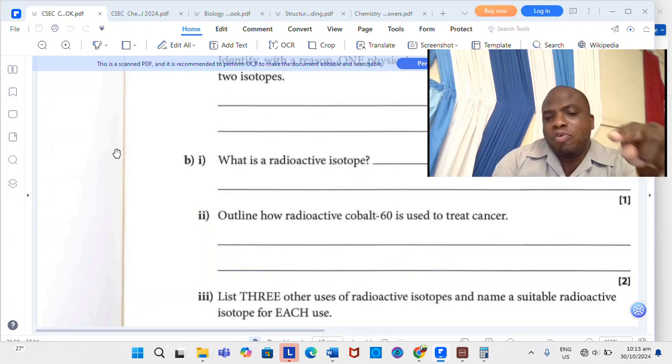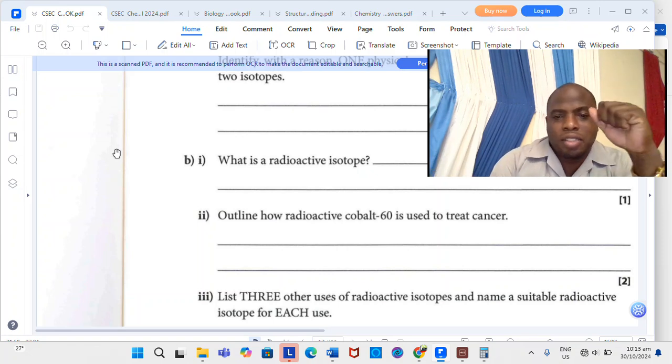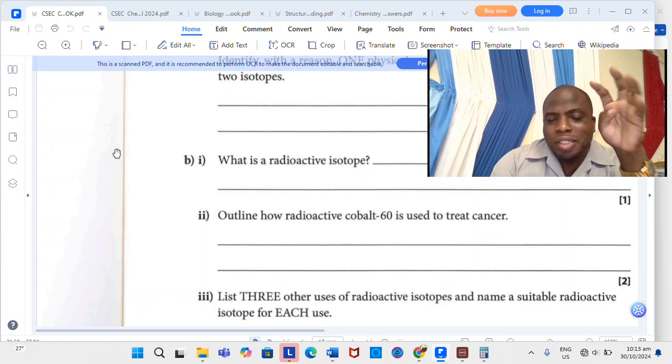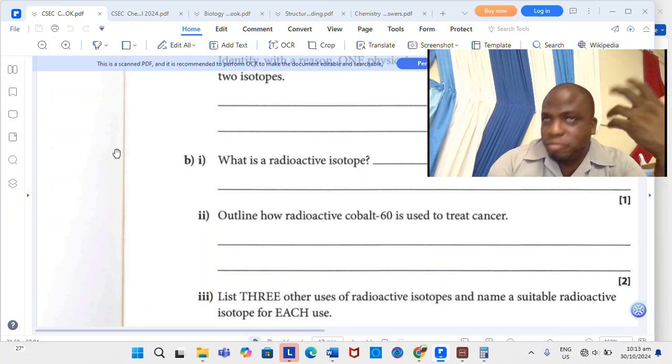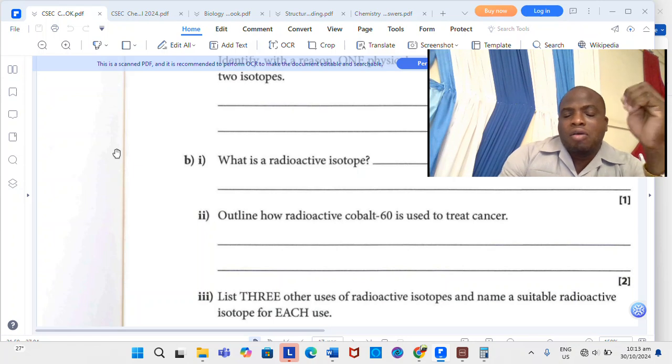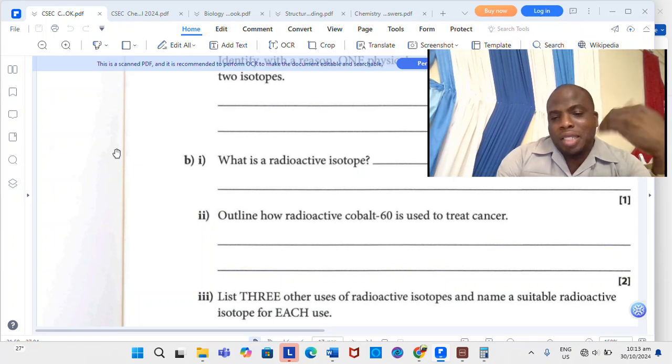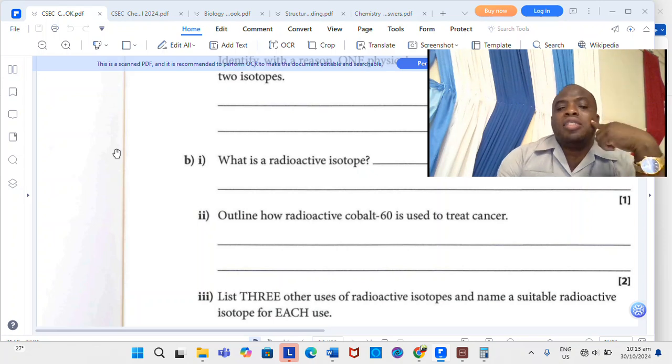Now, radioactive cobalt gives off gamma radiation, which they will direct onto these cancer cells, and it will destroy them, because once you don't have the cells in your body to replicate themselves, then you can relieve yourself of the cancer or slow down the process. So they basically put the person under gamma radiation, which targets the cells in the tumors where you have the cancerous cells, and it destroys these cells.